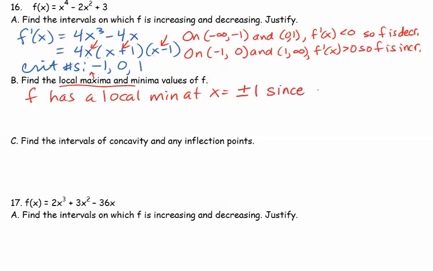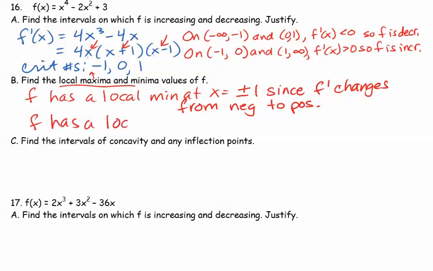But we want to justify, since f prime changes from negative to positive, and f has a local maximum at x equals 0, and that's where we changed.